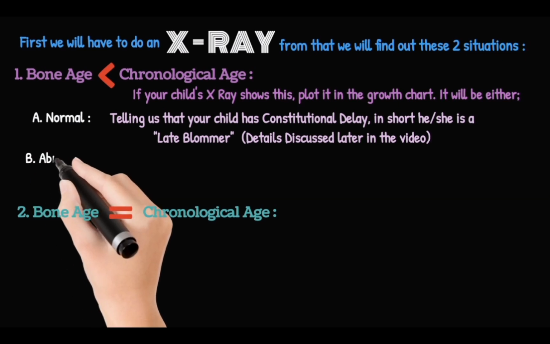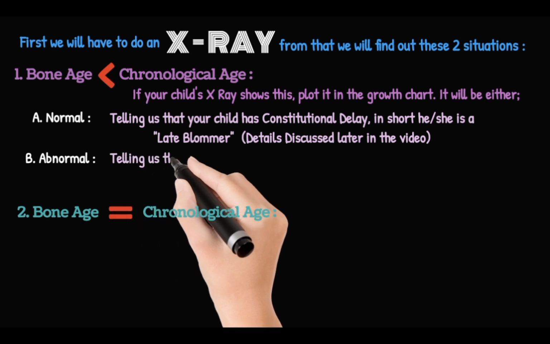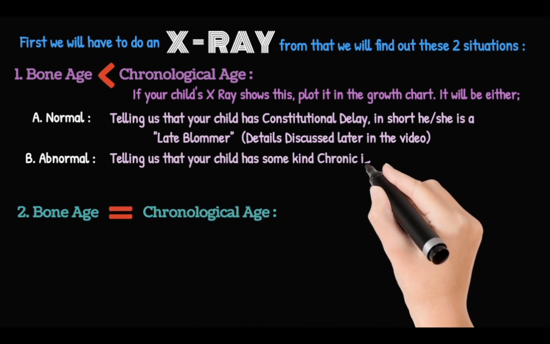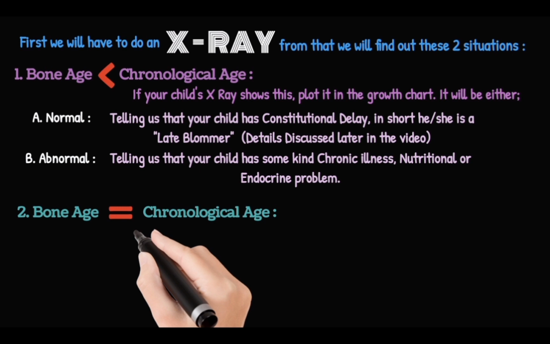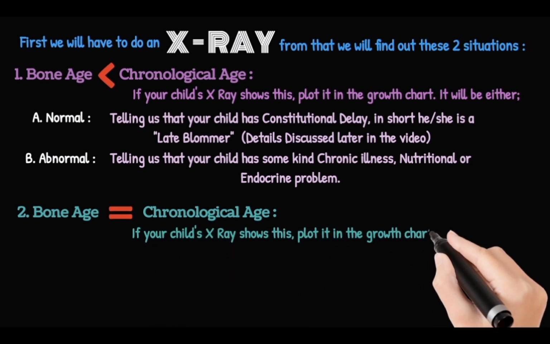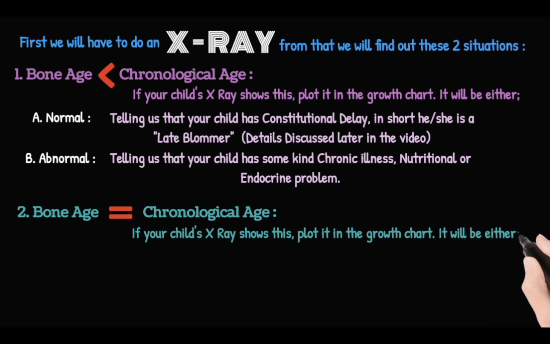And if your child has an abnormal curve, it means that he or she has some kind of chronic illness or nutritional or endocrine problem, which is the reason for the short height. If you treat that, he or she will grow a few inches later in the future, depending upon the disease.